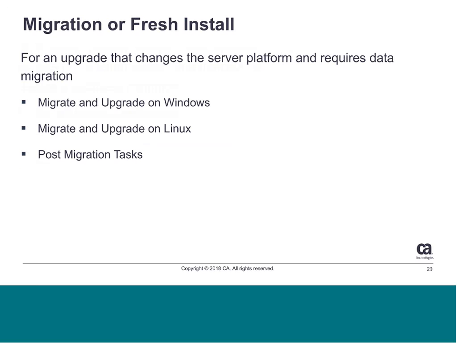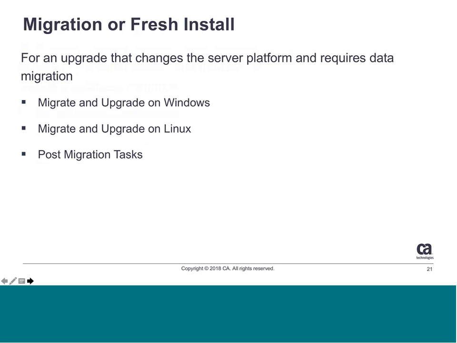Now, the other upgrade procedure we could have is migration or a fresh install. Again, these details: how do we migrate and upgrade on a Windows platform? How do we migrate and upgrade on a Linux platform? And what are our typical post-migration tasks? Again, we have articulated these in detail in our documentation for upgrades.